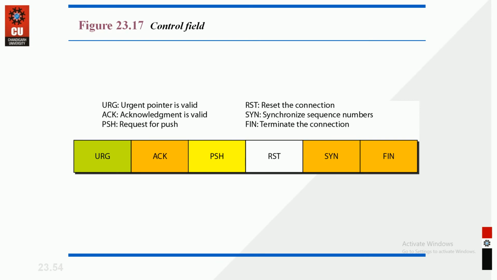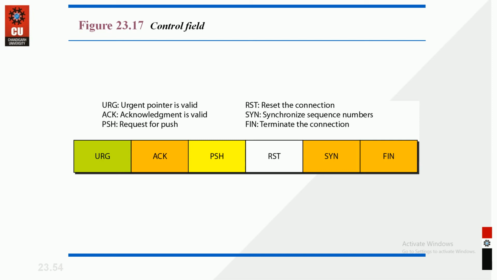Then we have the control flags. These are discussed in detail: urgent, acknowledgement, push, restart, synchronization, final. Now URG means the urgent pointer is valid. That means the data currently sent is urgent data, and the urgent pointer will point towards this data.